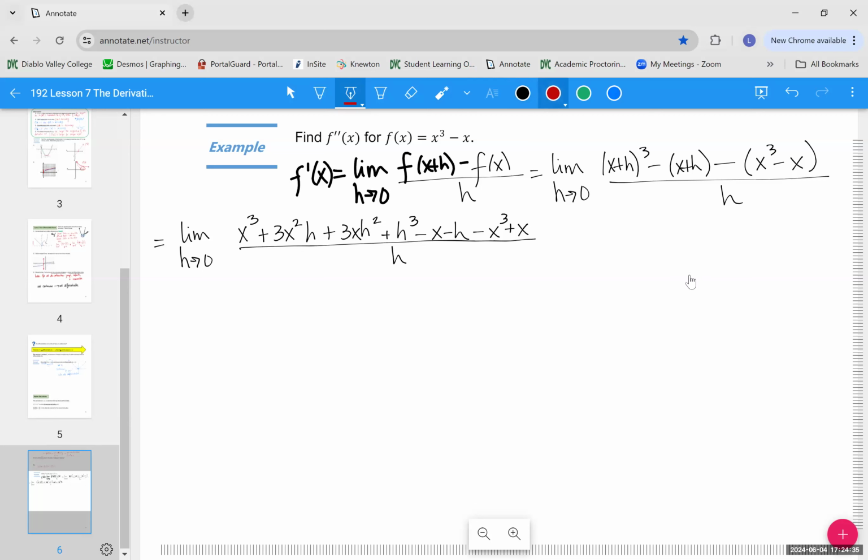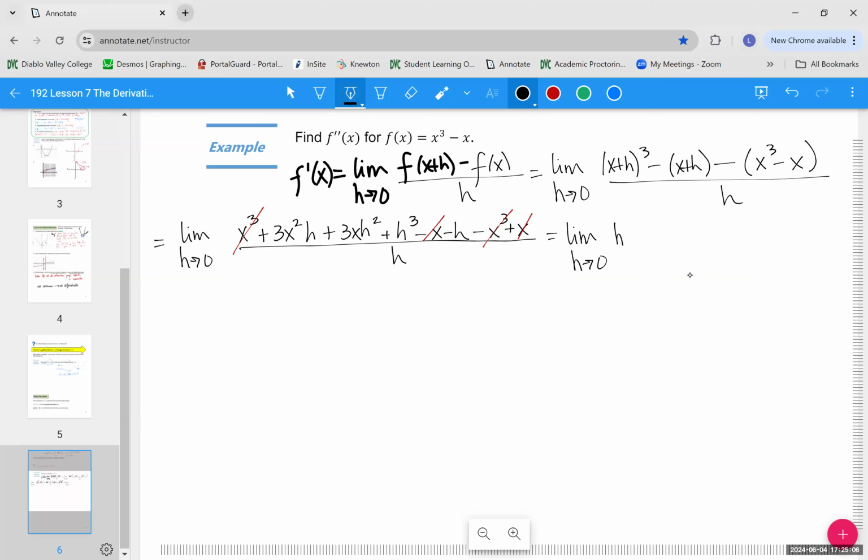And let's look at what's going to cancel. X to the third is going to cancel. X is going to cancel. And I think that's it. So I will have the limit as h approaches 0. Now let's scan. By now, maybe you've realized that when you do this, an h always has to factor out to cancel with this. So what I have left, they all have an h in them.